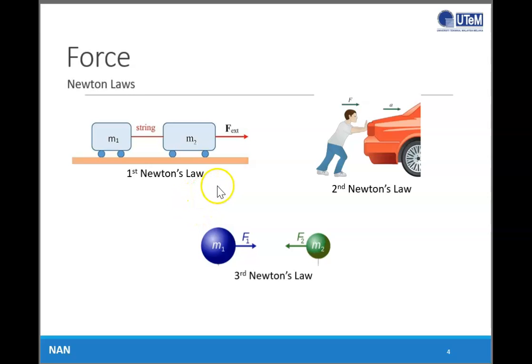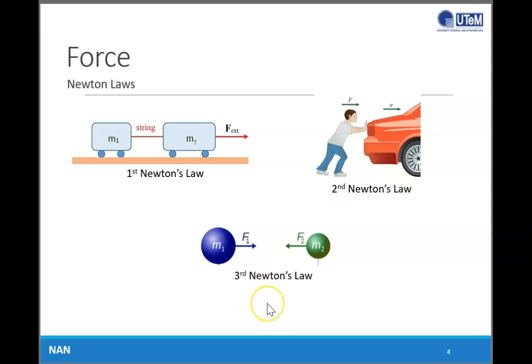It explains that an object either remains at rest or continues to move at a constant velocity unless acted upon by a force. And the second: the vector sum of forces on an object is equal to the mass of that object multiplied by its acceleration, so F equals ma.